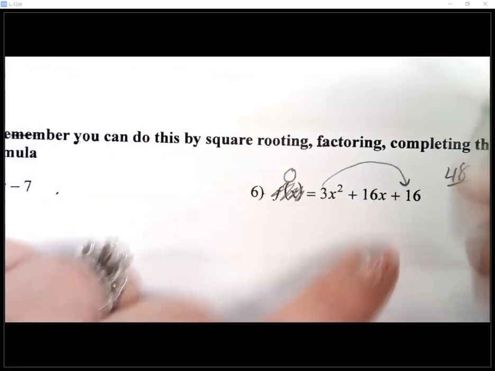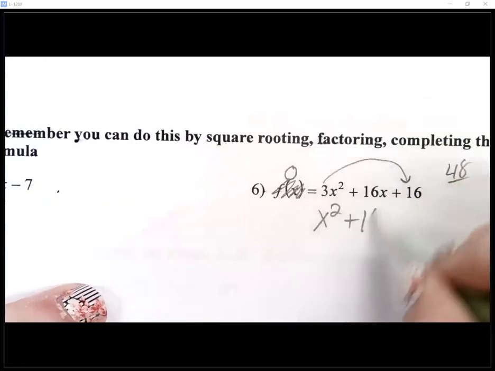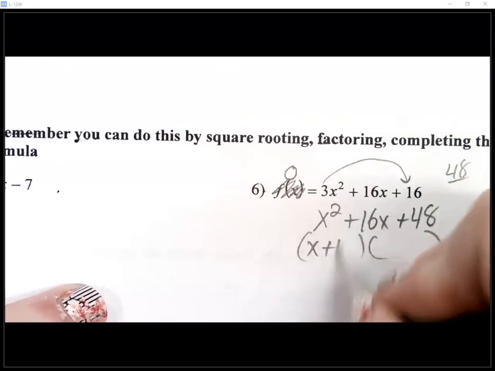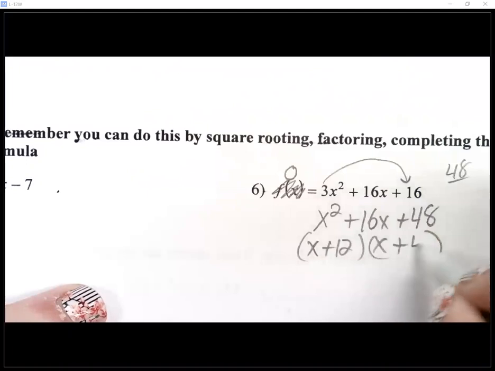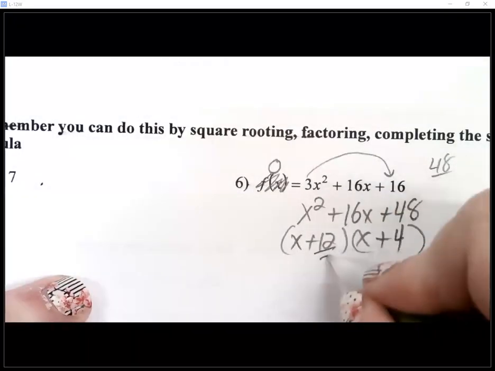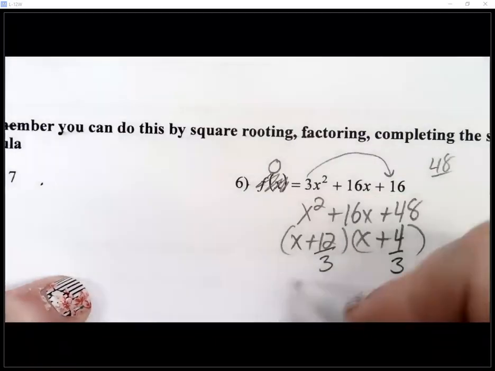Okay, so I'm going to do slide and divide. So I did the slide part. Now I'm going to factor: x plus 12, x plus 4. And now, because I did the slide, now I do the divide. Again, this is factoring when a is not 1, so you could have done it any of the different ways that we've talked about.